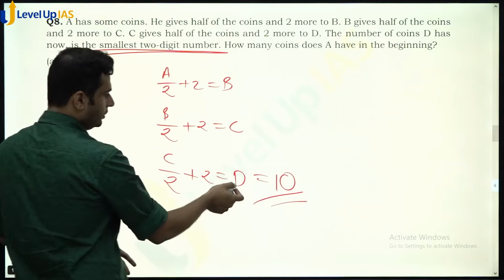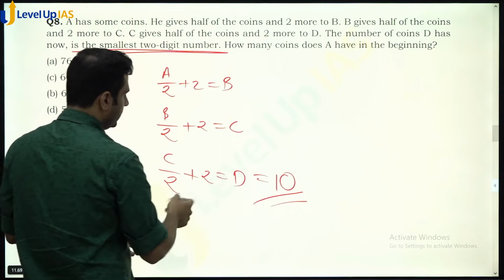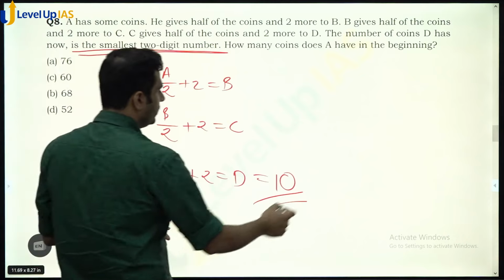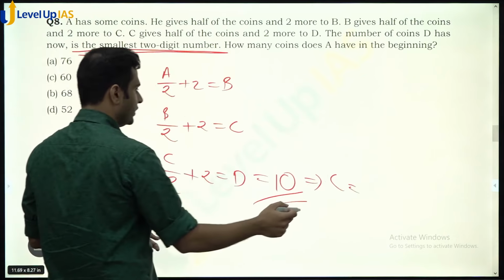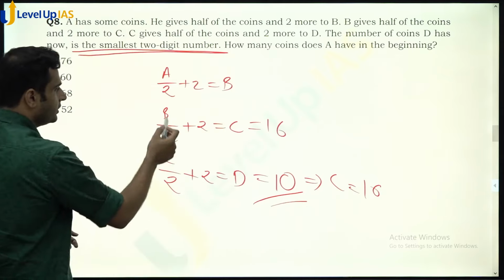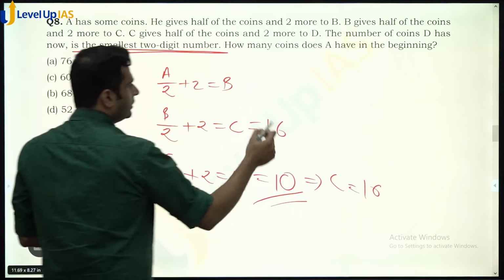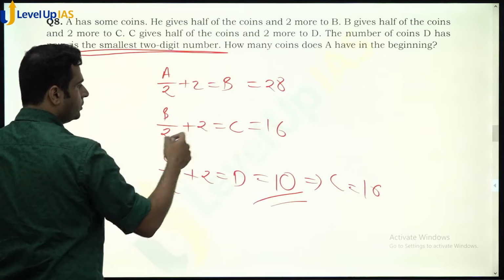If D is equal to 10, what is C? Can you solve? It goes here, and then there is multiplication by 2. So C is equal to 16. Put it here. C is equal to 16. So what is B? B is equal to 28. Minus 2 into 2.